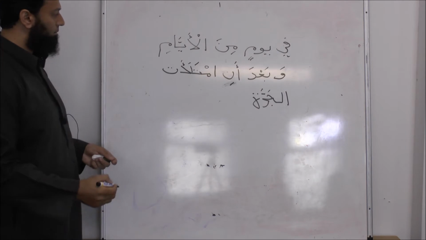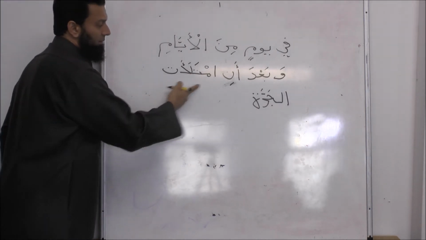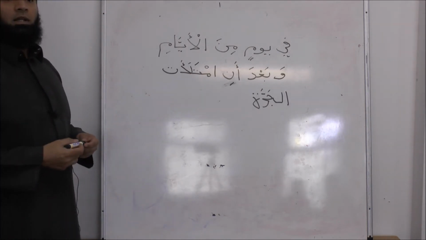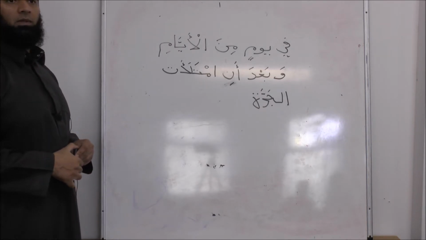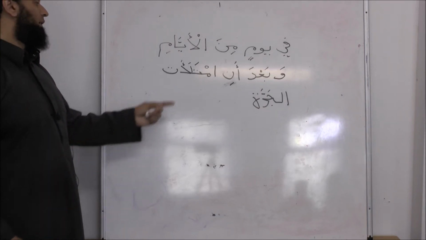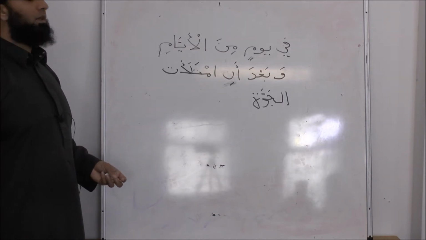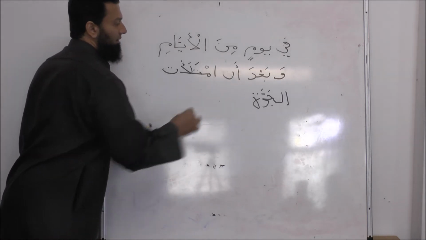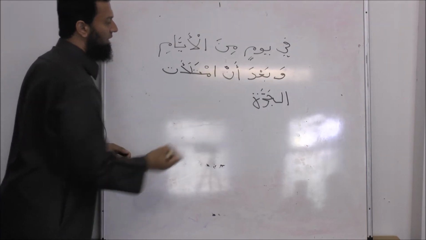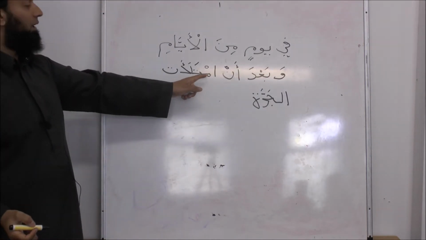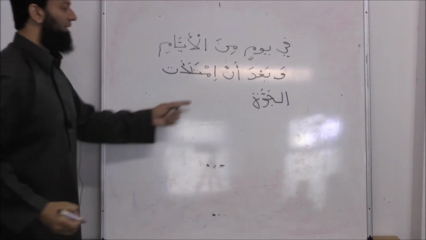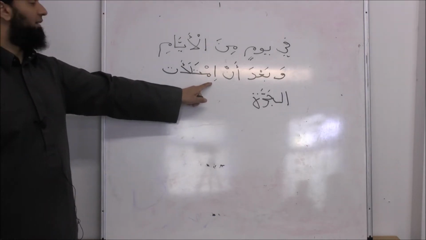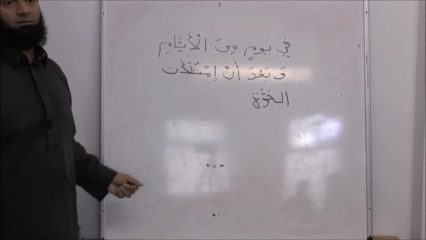tala'at. Right, this verb. Was it going to be a fatha anyway, or was it going to be sukoon? No, it's going to be a sukoon. Right. How did we decide that it was going to be a kasra? Because if it's a sukoon, this verb here has a hamzatul wasl, right?